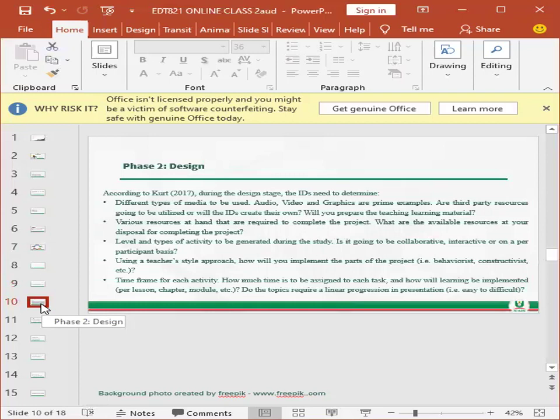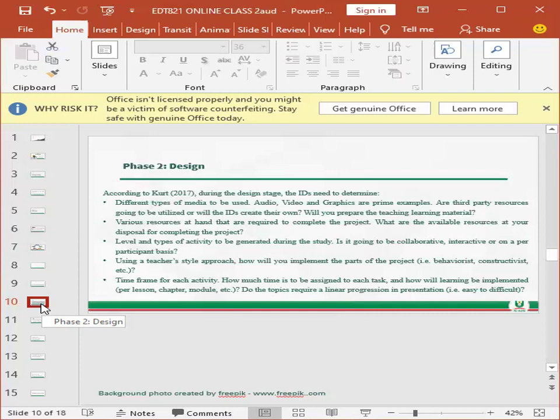And or graphics? These are prime examples. Third-party resources going to be utilized, or will the IDs create their own? So will you prepare the teaching learning material, various resources at hand that are required to complete the project, and what are the available resources at your disposal for completing the project?